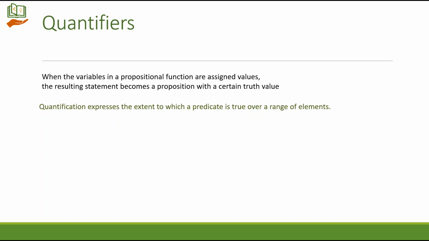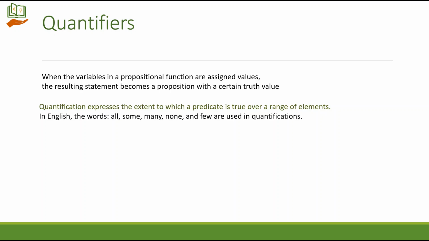When I specify x is equal to 1, I am checking only for one value of x. But quantification is like when you are saying that the predicate is true for a range of values. If I say 1 to 10 as a range of values, this quantification will say whether it is true for all values or whether it is true for few values.